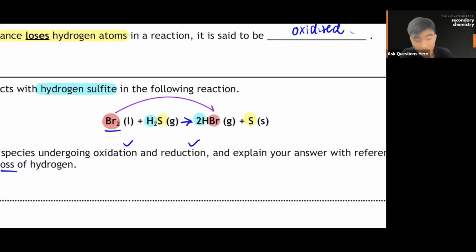There is a gain of hydrogen, right? Now, gain of hydrogen, what do we say it is? It is a reduction reaction, right? What about this reaction over here to form sulfur? Before this sulfur was bonded to hydrogen, after the reaction, sulfur has no more hydrogen. We will term this as an oxidation reaction.